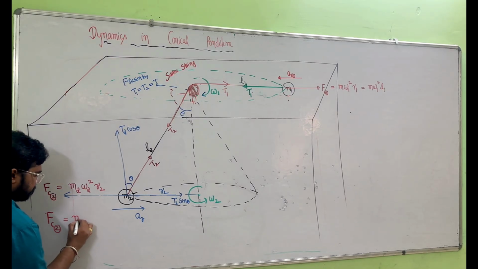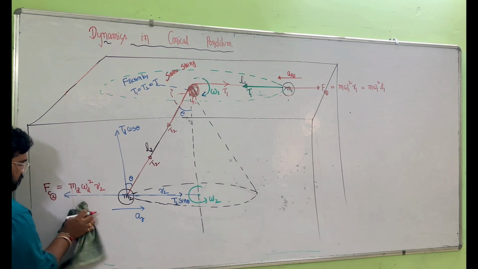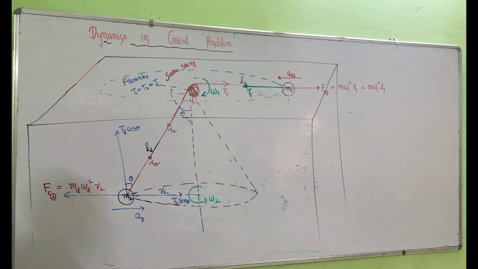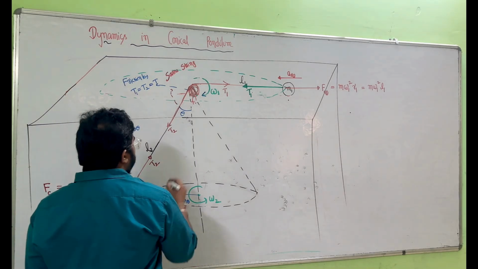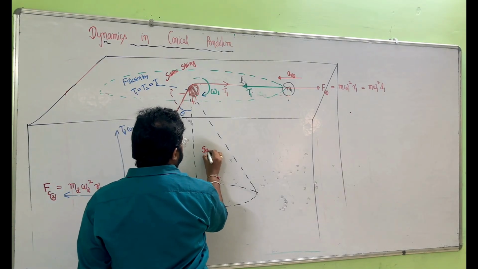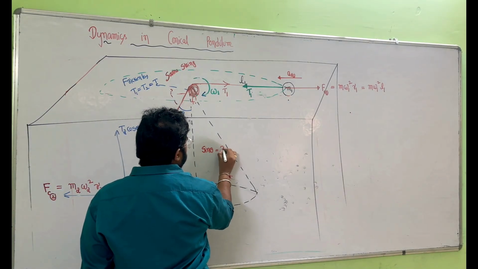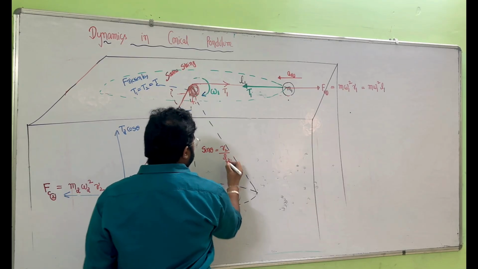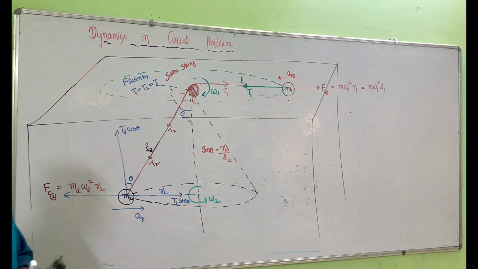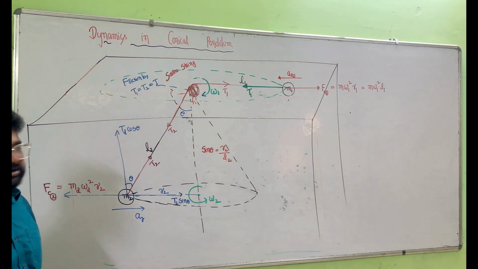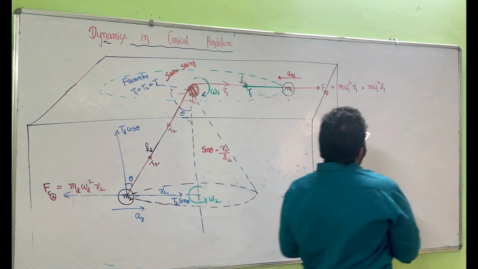So now tell me, what is sin theta here? Sin theta here is R2 by L2. Understood?